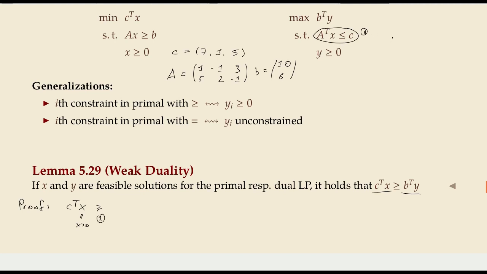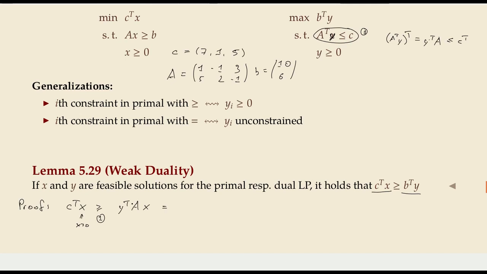So if you transpose both sides, you get A transpose y, transposed, which is y transpose A, less or equal c transpose. So if you read that the other side, it becomes a greater or equal. Oh, this should be a y, sorry for that. Dual variables are always y's. So then it's y transpose A x.